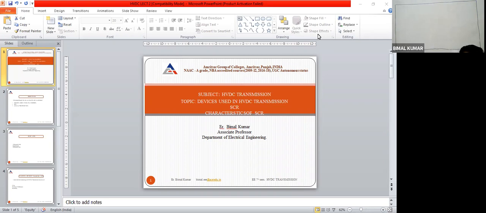So there we are using a rectifier, and that rectifier is generally known as converter station 1. At converter station 1, AC generated at the generating station will be converted into DC, right?